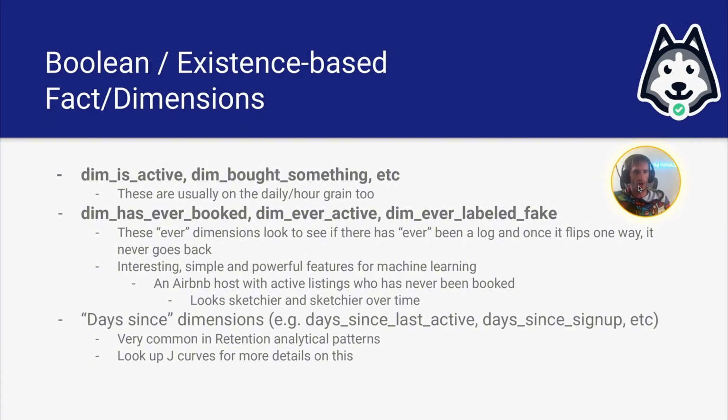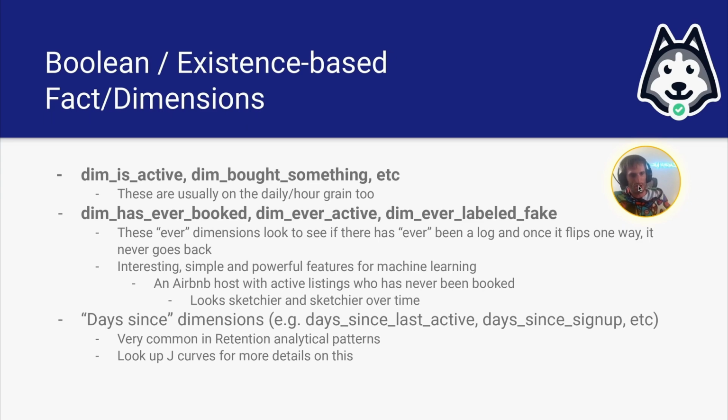And these are even one layer on top of the aggregation, right? Because it's like, okay, you were active on one day, and then how many days has it been since you were active on that day, or how many days has it been since you signed up? And so then you can see what that curve looks like. And that's even one more layer on top.